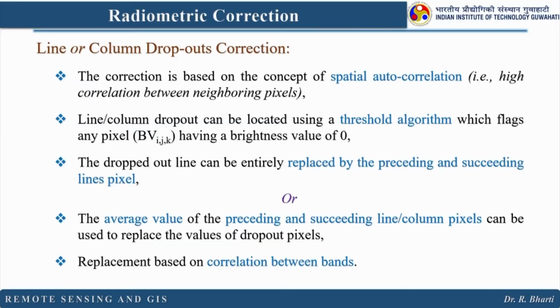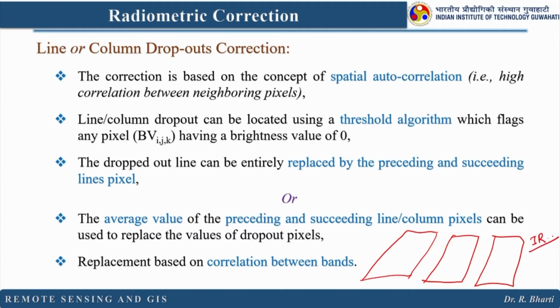And replacement based on correlation between bands. Let me rephrase this with an example. Suppose you have 3 bands in the infrared region, and one of them has this line or column dropout, and the rest of the bands are good.